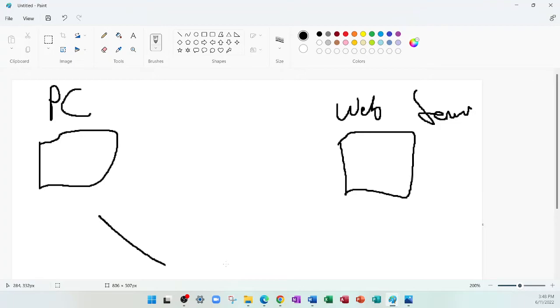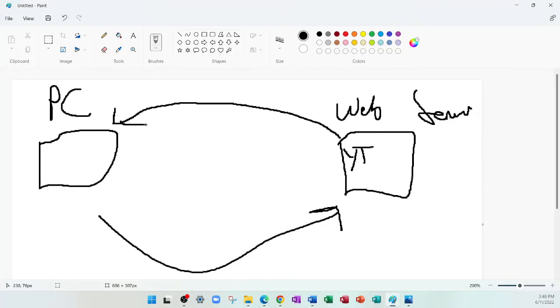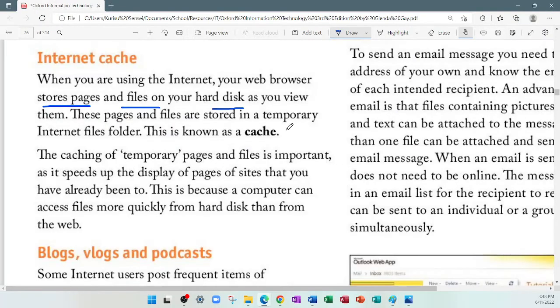You access YouTube, but what YouTube is going to do now is send the video files to your computer. That is why your internet speed is important, because whenever you access something over the internet, you have to download it to your computer. So if your internet is slow, you're going to access the service slower.